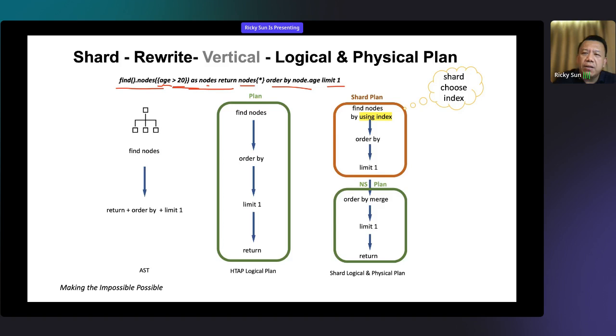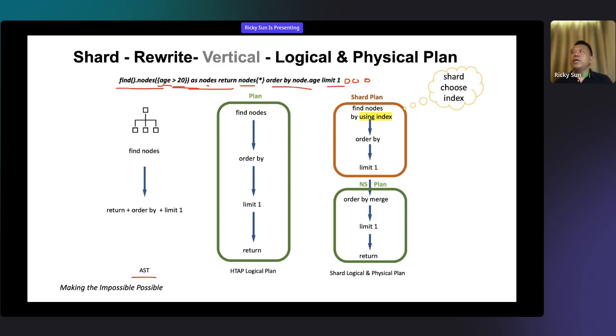Or it could be limit 1,000 or 10,000, whatever you want, or even unlimited. From the abstract syntax tree perspective, you have find nodes, return, order by, limit. Those are the key components. So from the HTAP logical plan, it's a 4-step thing: find nodes, do the order by, limit, and return, right?